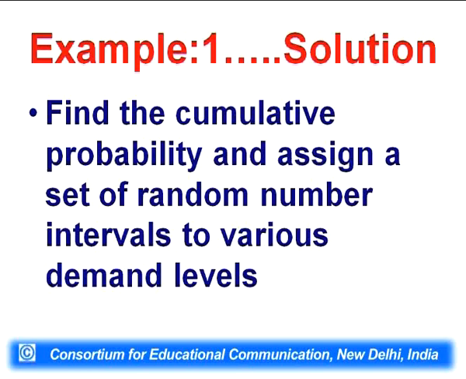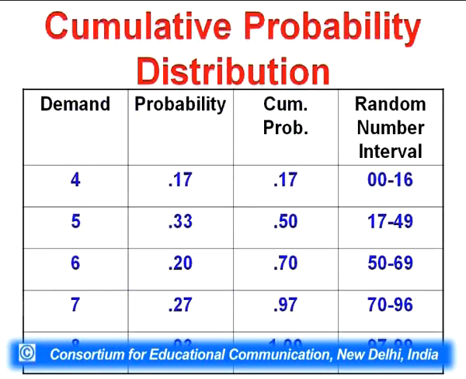This states that we have to find out the cumulative probability, and with this cumulative probability we will write the random number interval. How? We will see in the next slide. The table gave us the demand and the number of days, and from the previous table we will calculate the probability.